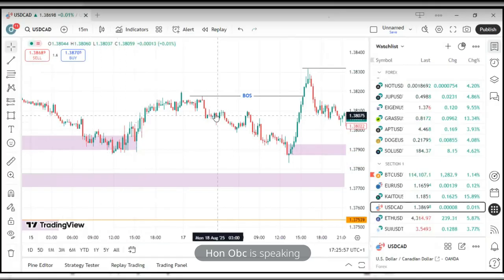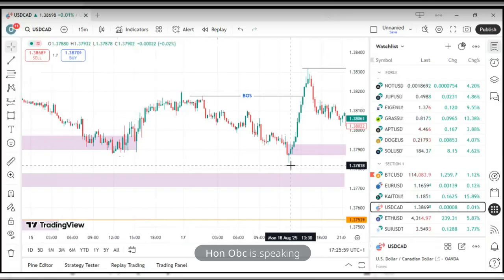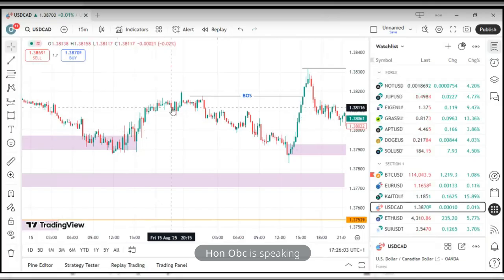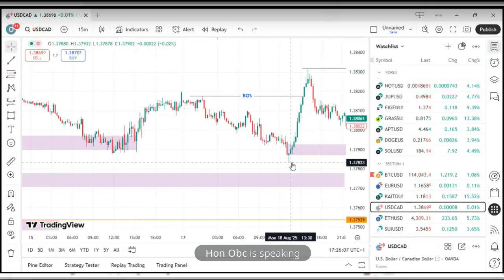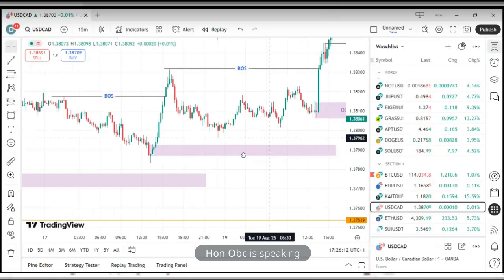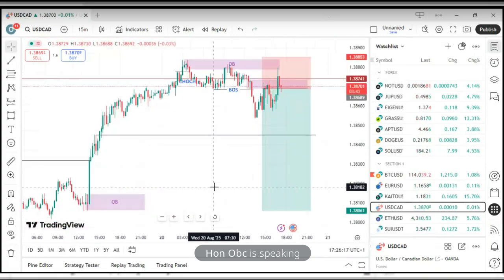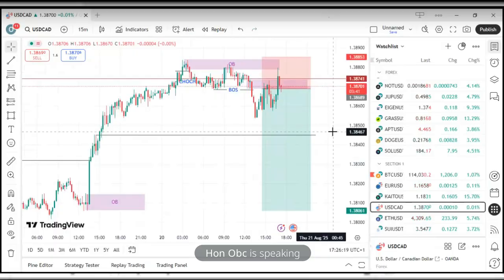Then the market has to come back to sweep it out, because people must have put their stop losses here and entered for a buy. It came back, swept them out, and after that sweeping, this is the candle that swept everybody. After that sweep, the market now rallied. You can see it now rallied over to the upside, because the market cannot move without liquidity. The market cannot move without liquidity.